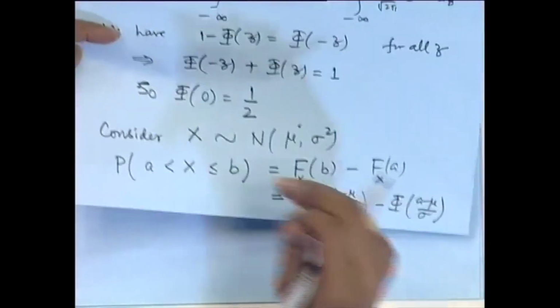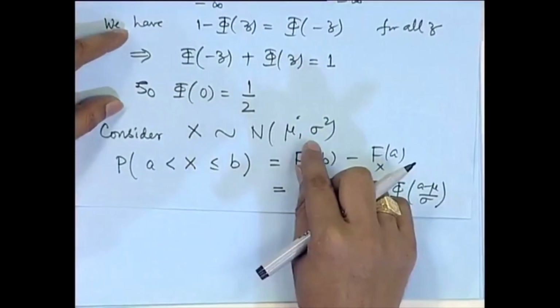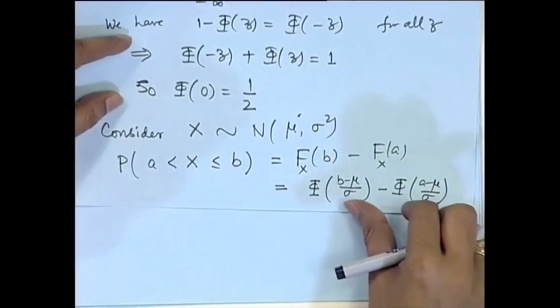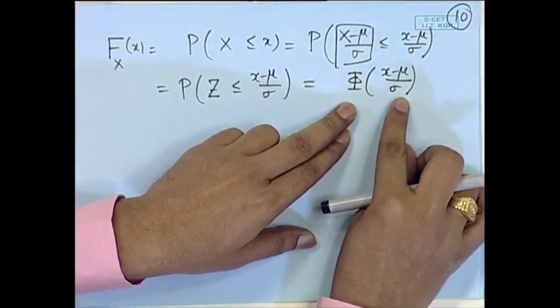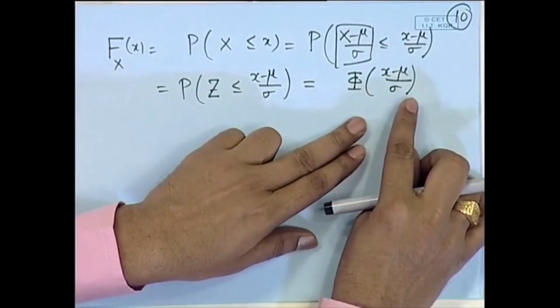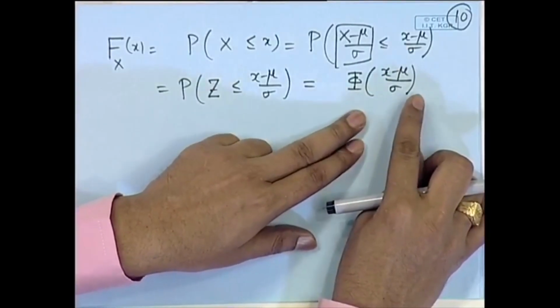So, the incomplete gamma function can be evaluated using numerical integration, say Simpson's 1/3 rule, etcetera. And tables of the standard normal distribution are available in all the statistical books. So, if we want to evaluate the probabilities related to any normal distribution, we will firstly convert it to probabilities related to standard normal distribution and then utilize the tables or numerical integration here.